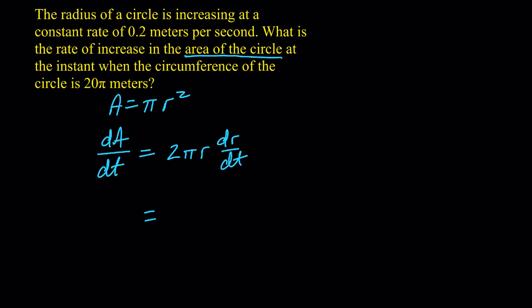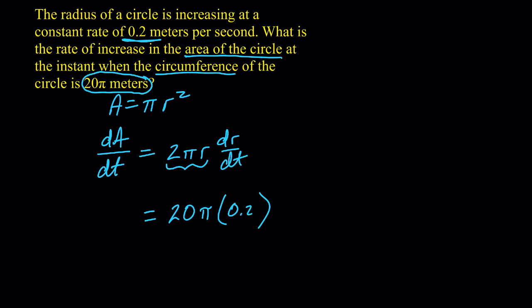Let me back this up for a minute. The radius was not actually given to us. What was given to us is the circumference is 20 pi meters. Well, 2 pi r is circumference. So that value is going to be 20 pi. The rate at which the radius is changing is this right here, 0.2.